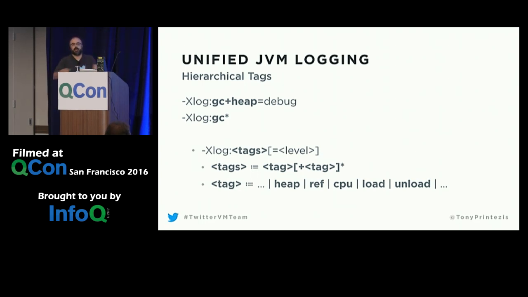So GC star will enable all the GC plus blah tags. So it's kind of convenient. And not all tag combinations make sense. So I have some examples here. Heap, ref and CPU make sense for GC, as we'll see a little bit later. But load and unload make sense for class. For class records, it enables class loading and class unloading log records.